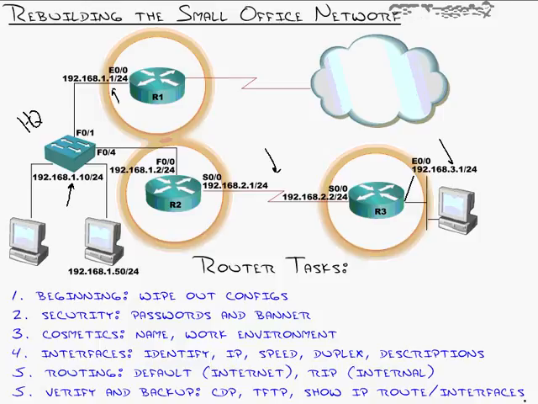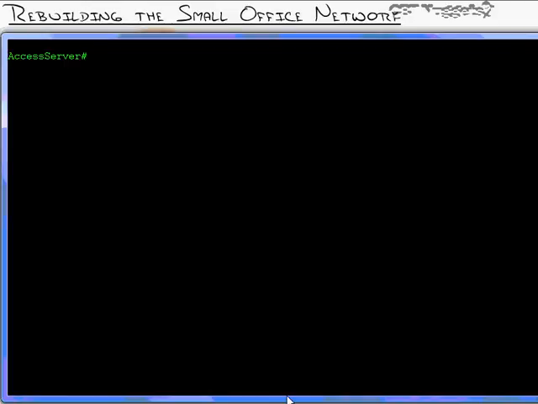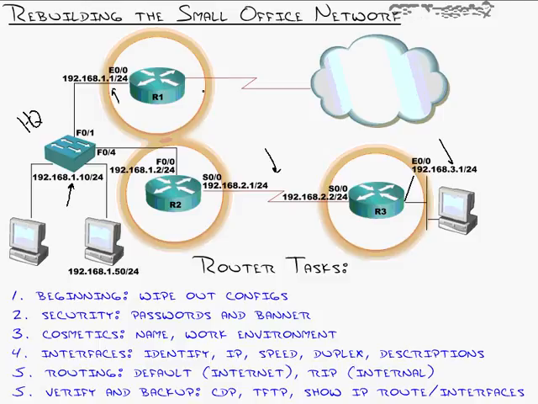So in the beginning, let's start off by wiping out our configurations on each one of these routers. Now I want to make sure that you know how I'm set up here. I have an access server, and I'll explain a little bit more about this later on in the series, but it is a box that has cables run to the console port of every single one of these devices. That way I don't have to run to the other room and move my console cable every single time I want to move around.